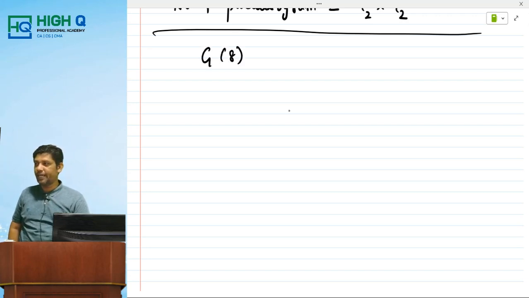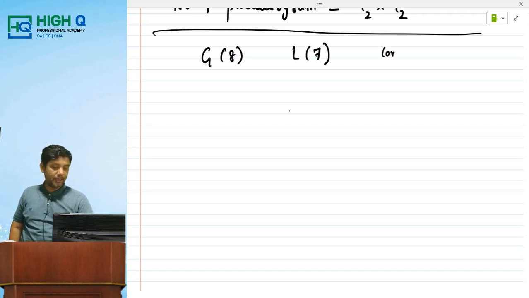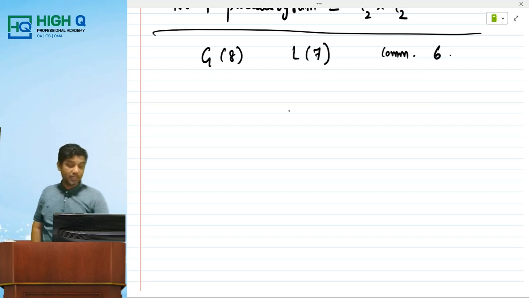Now, first example. If there are 8 gentlemen and 7 ladies, and a committee of 6 is to be formed, in how many ways can this committee be formed so that the committee contains exactly 2 ladies?